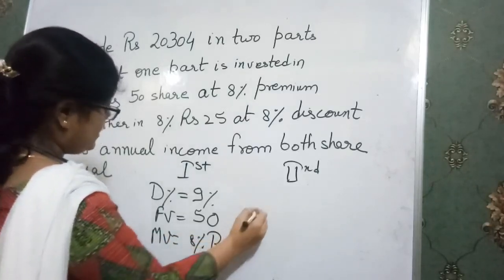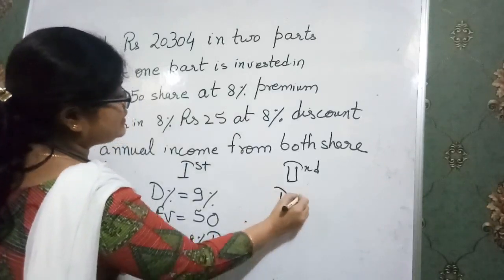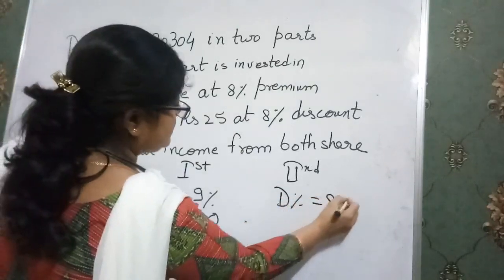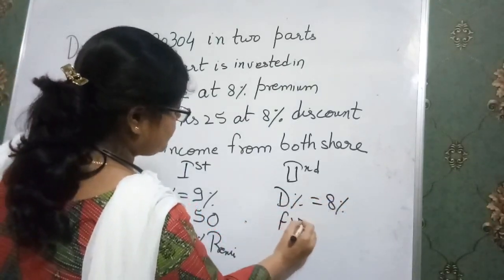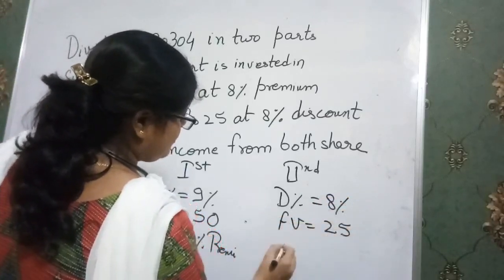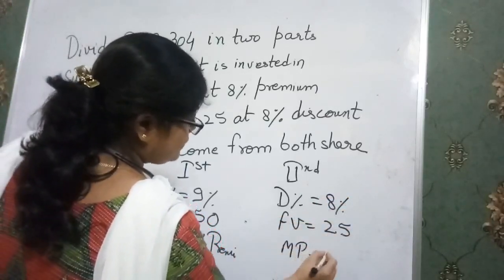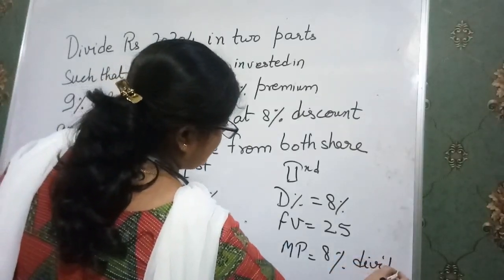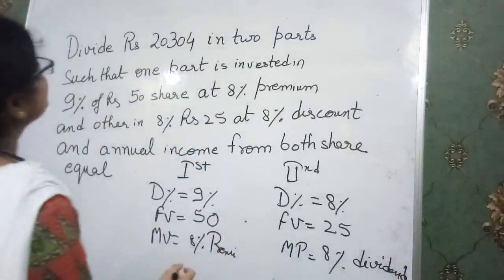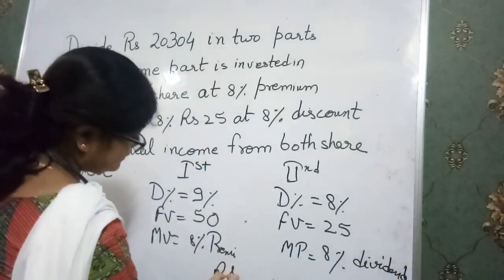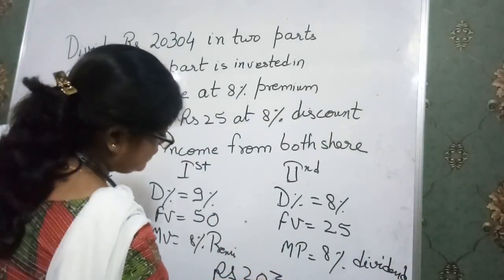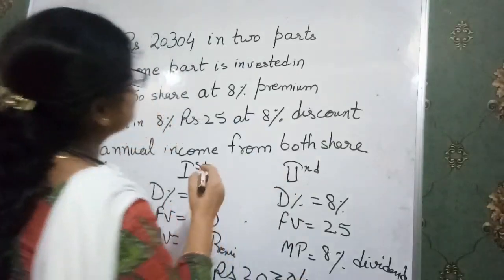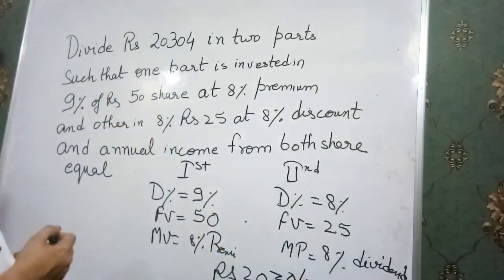Now in the second case, the dividend the company gave is 8%, face value is rupees 25, and market value is at 8% discount. And the amount invested by the shareholder is rupees 20304. Now I am going to rub the question so that we can solve it.